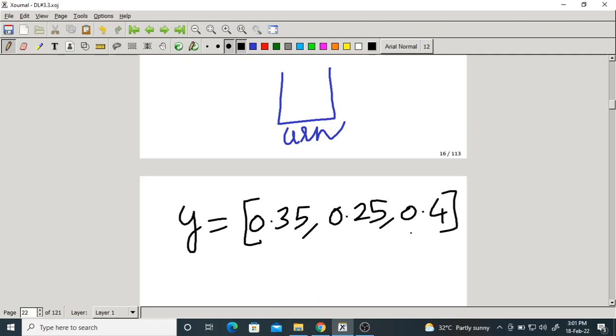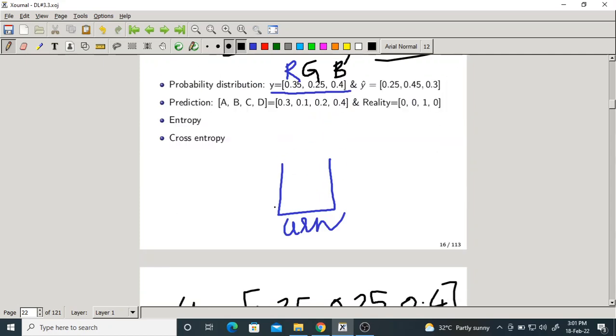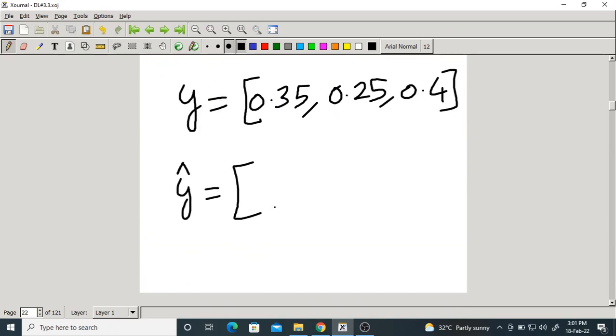These are all probabilities. This is the actual or true distribution. Now what is the predicted distribution? It is 0.25, 0.45 and 0.3.